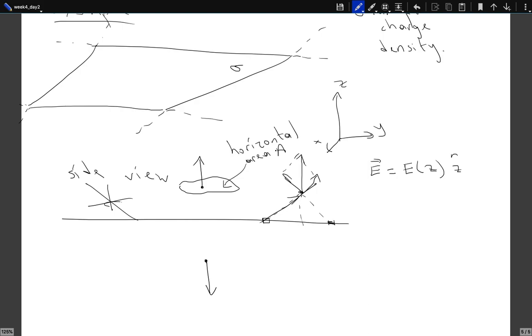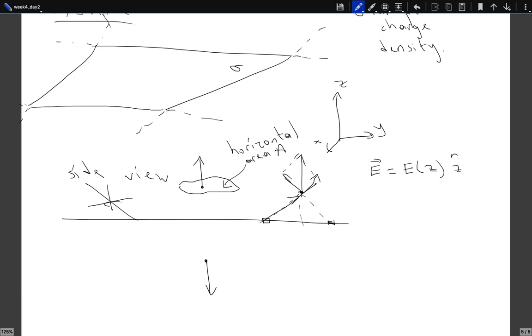Okay, so we can now look at the direction. The electric field is pointing upward. So we have to add to this area some other areas whose area vector is horizontal, so that it is perpendicular to the vertical electric field.